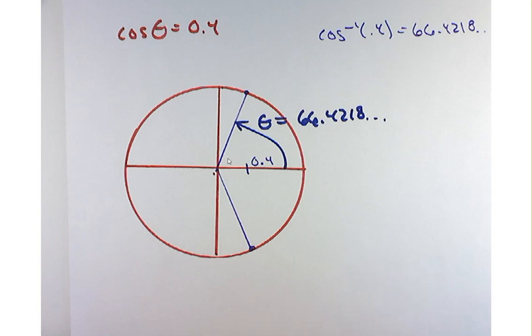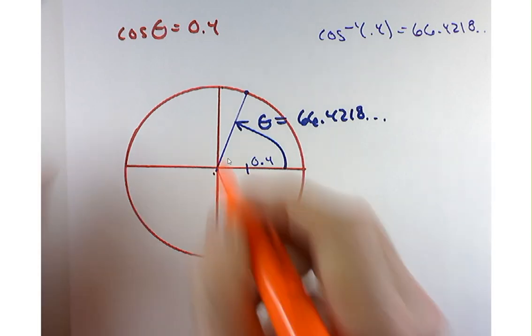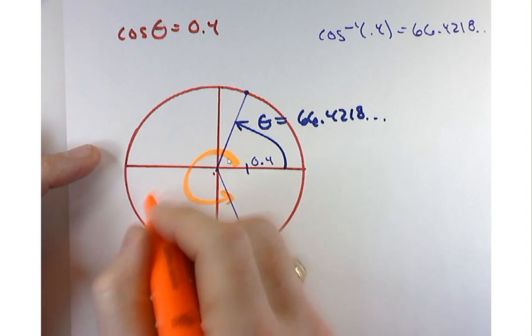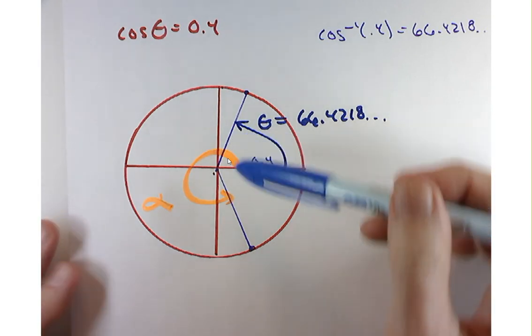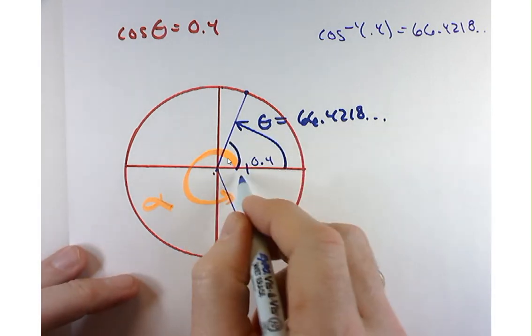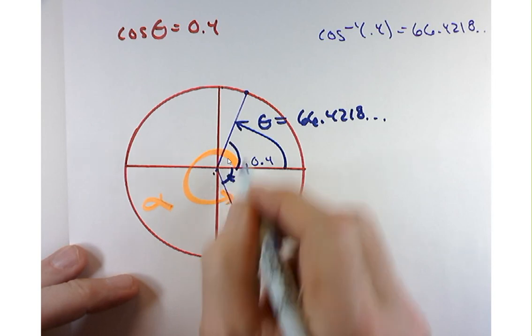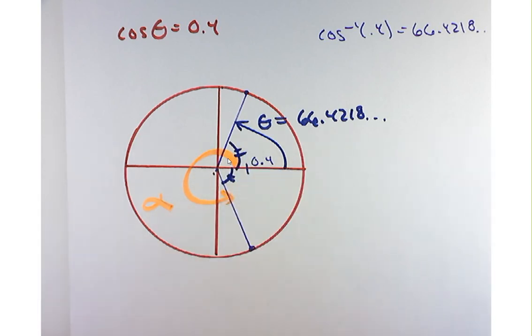But I also need this other angle all the way around here, and I'll call that alpha again. You do 360 minus 66? Yeah. The thing to know is that this little piece here and this little piece here have the same measure.